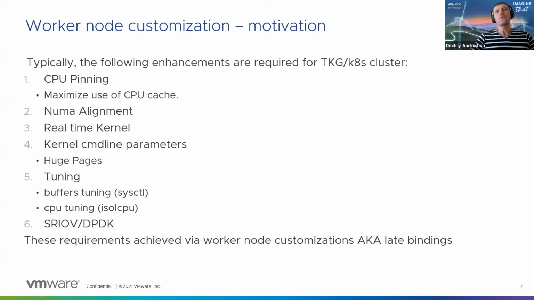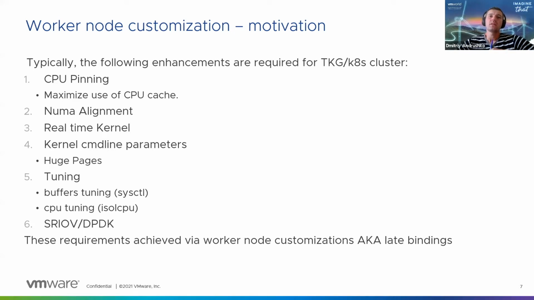So at this point, let me switch to the first topic of today's video: worker node customization. As I already mentioned, it is one of the key capabilities we provide with the Telco Cloud Automation product. The first motivation for why we introduced this capability: as you can imagine, a vanilla Kubernetes cluster provides just generic capabilities, which might not be sufficient for common telco use cases.